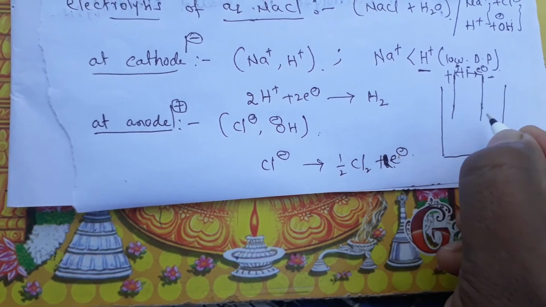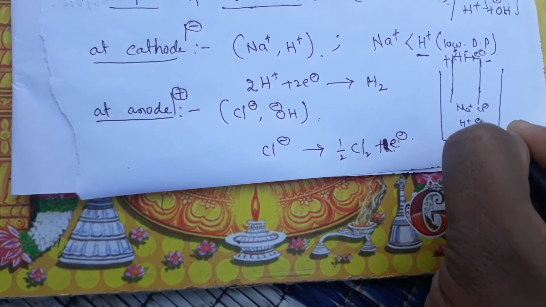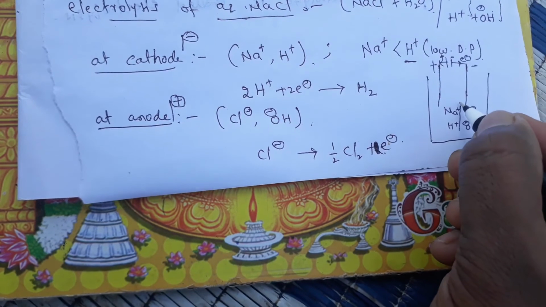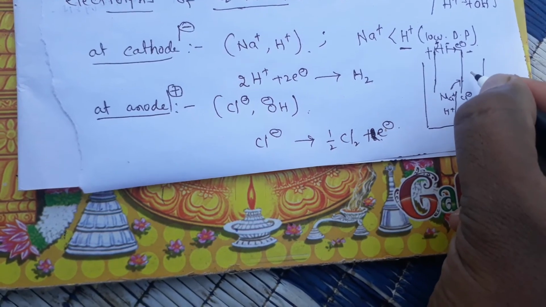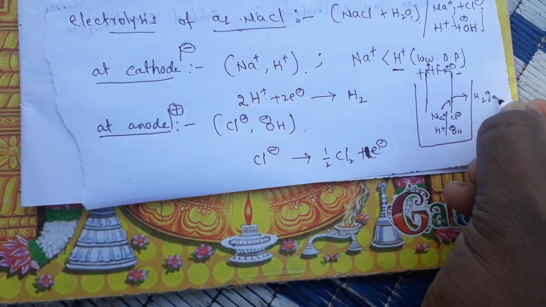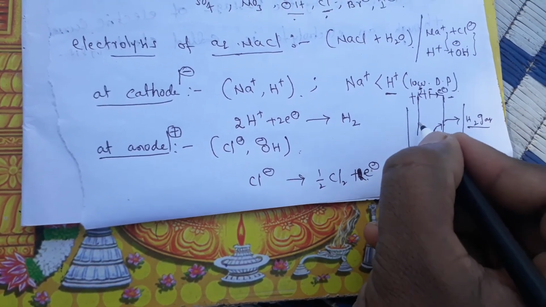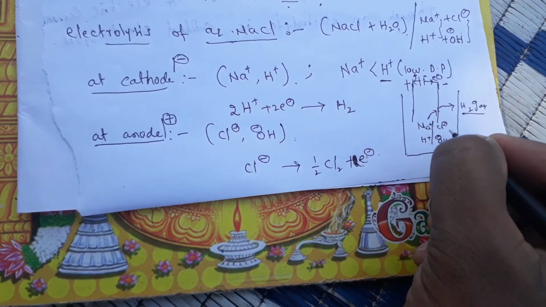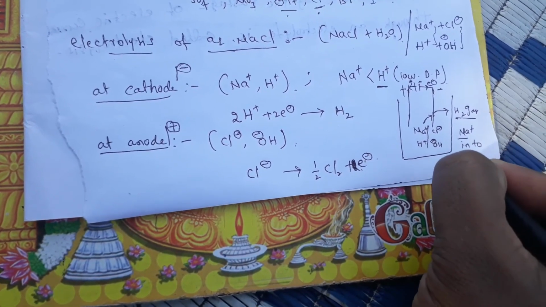When we pass some electricity here, Na plus, Cl minus, H plus and OH minus ions are present. The competition between Na plus and H plus moves towards this side, and hydrogen gas is evolved at the cathode, and Na plus ions remain in the solution.